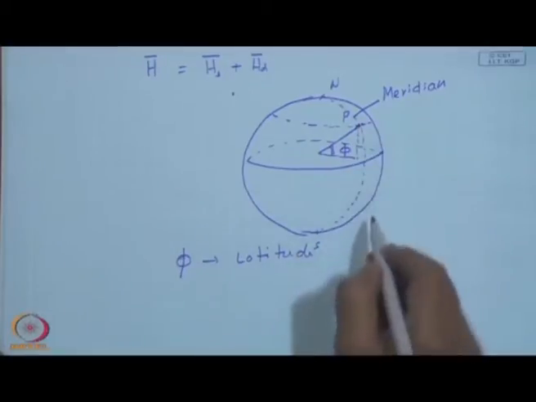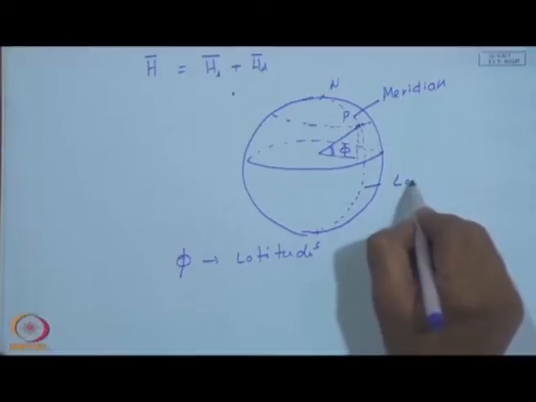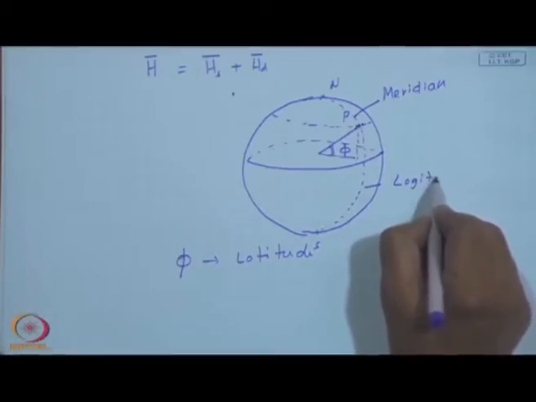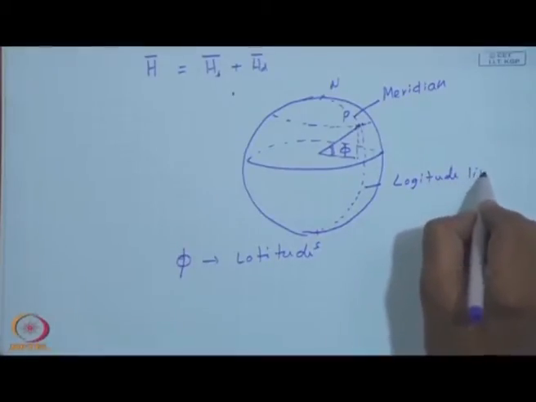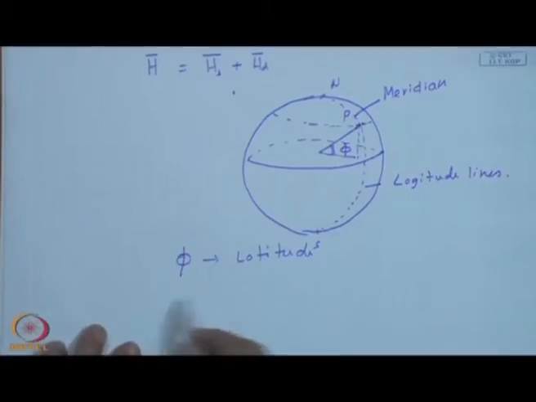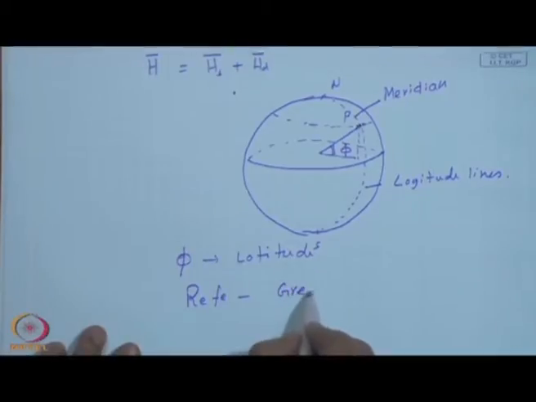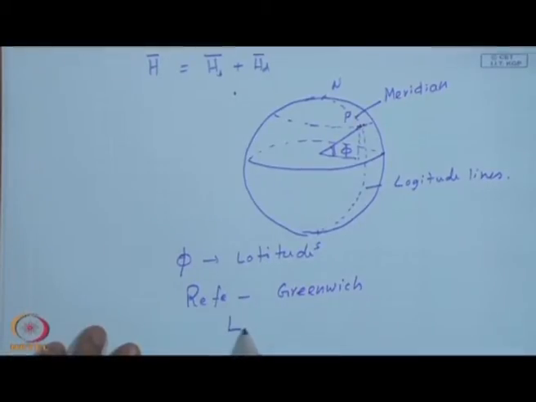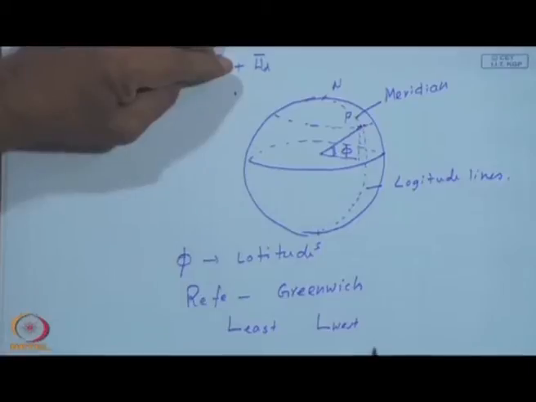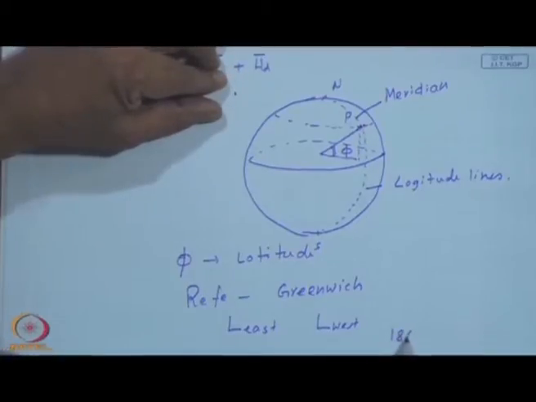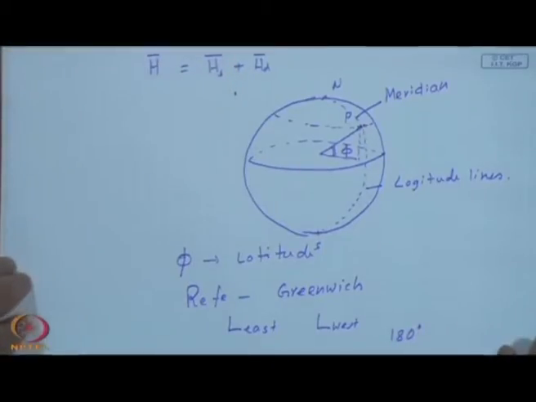These are called the longitude lines, and the reference is through Greenwich. It is given east and west, with changes up to 180 degrees. There is no sign convention associated with the longitude.